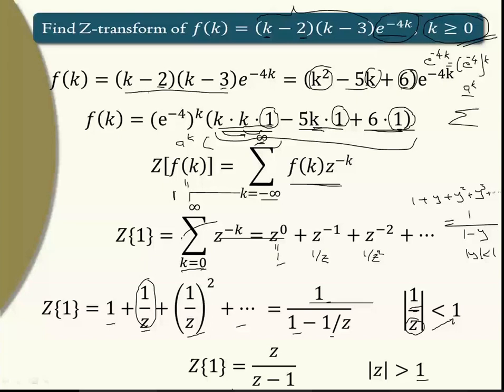Now use the multiplication by k property two times, and then use the a raised to k into f of k property. By that, we can get the answer for all those terms. So this is the Z transform of 1.